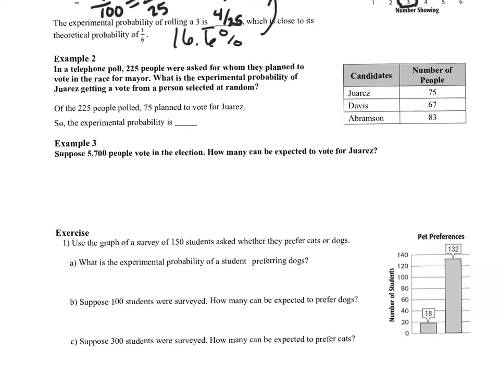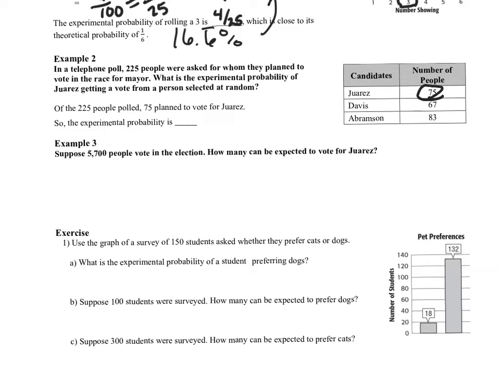In a telephone poll, 225 people were asked whom they plan to vote for in the race for mayor. What is the experimental probability of Juarez getting a vote from a person selected at random? Okay, well, out of 225, Juarez got 75.